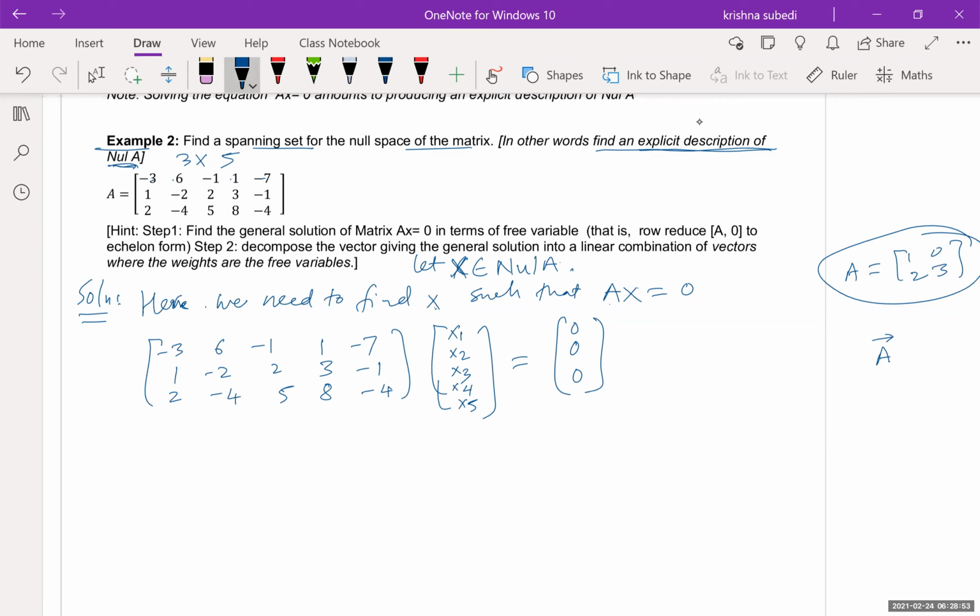What we do is consider the augmented matrix. You can write out the linear equations, but you don't have to, because we already know how to solve the system. All we need to do is solve the system, so consider the augmented matrix.